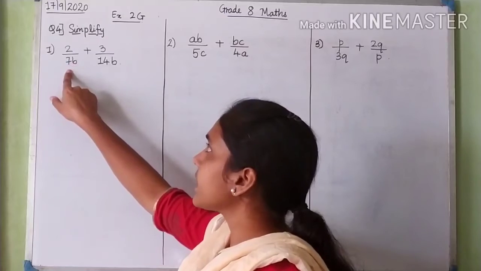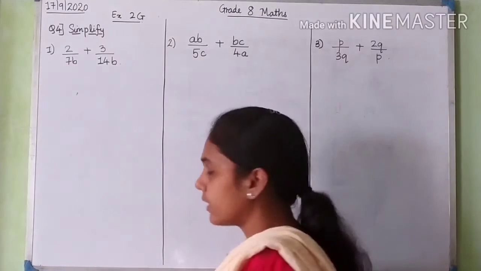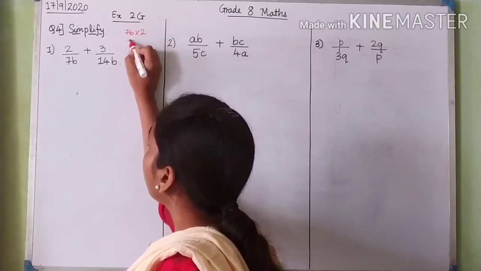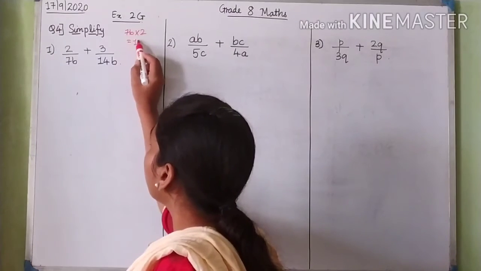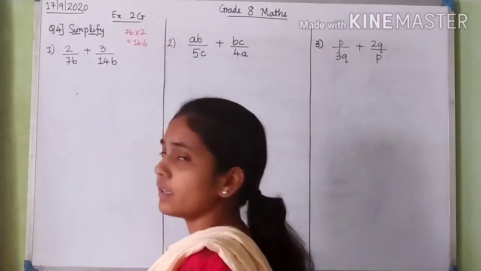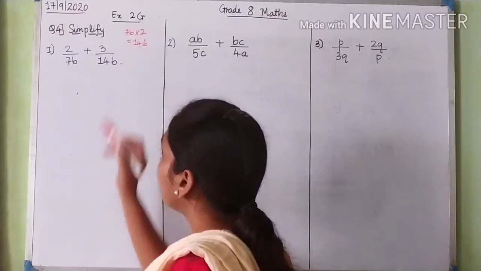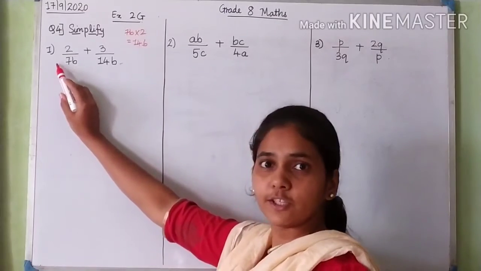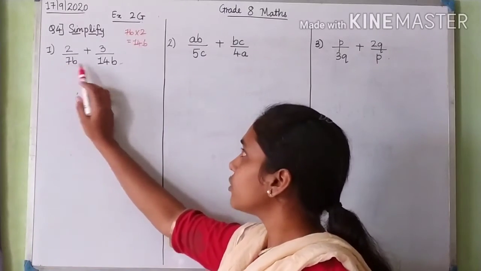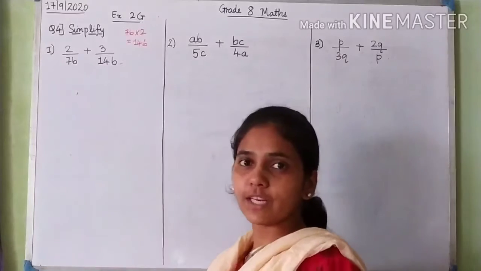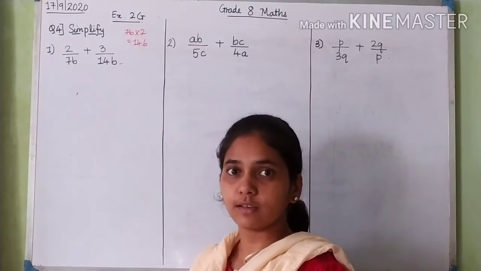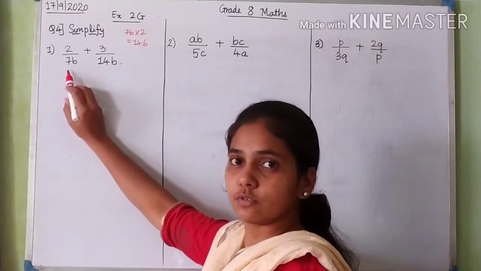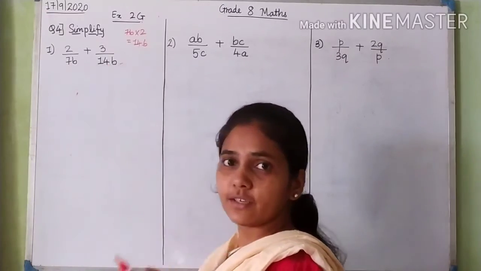So if you multiply 7b by 2, let's check. 7 into 2 is 14 and there is 1b, so I write b. So I get 14b, which is this, right? So if you multiply the 7b by 2, you get 14b, and both the denominators will become equal. So I will multiply the 7b by 2 to get both the denominators equal.